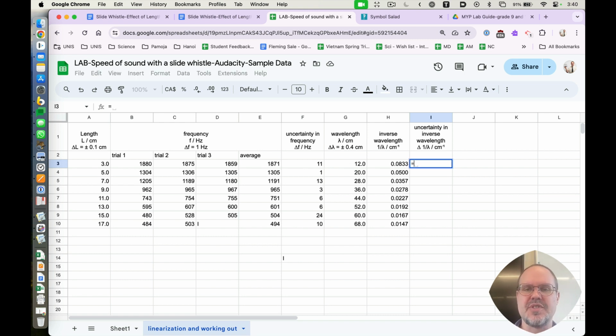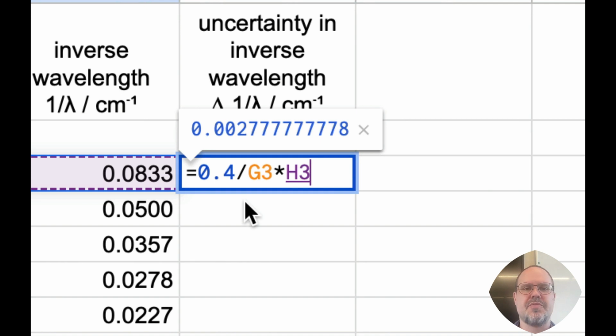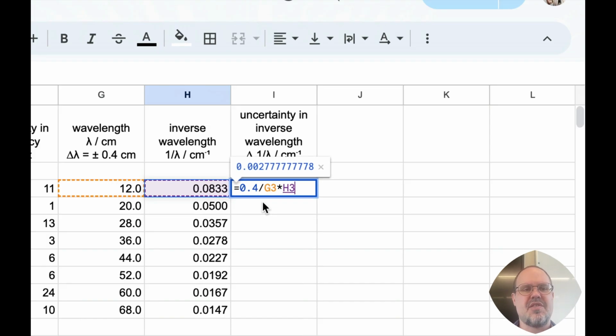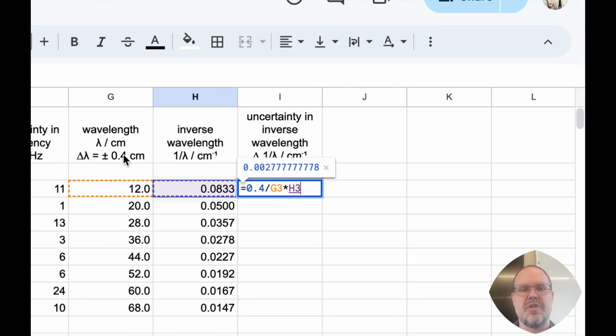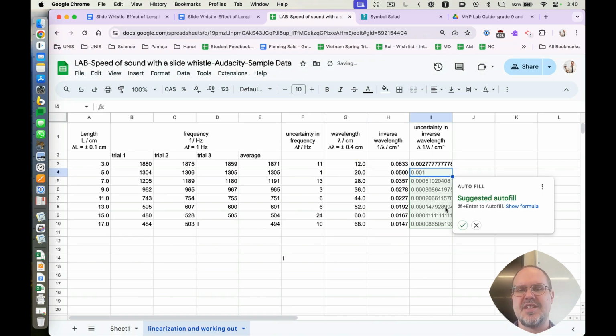So we say equals 0.4, the uncertainty in wavelength, divided by the actual wavelength, multiplied by the inverse wavelength. Let me zoom in. Hopefully that works for you. So it is this uncertainty, 0.4, divided by this value, multiplied by this value, and the uncertainty is that.